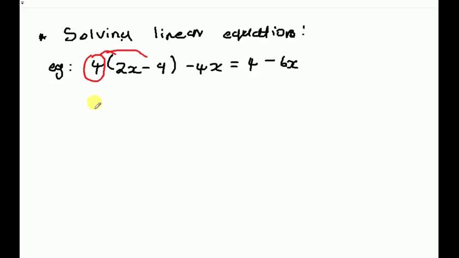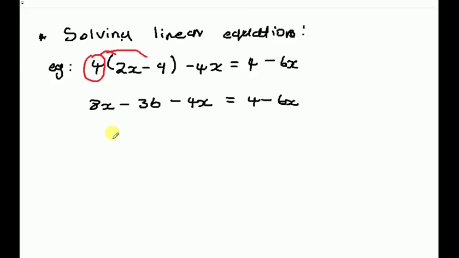You're going to get 8x minus 36 minus 4x is equal to 4 minus 6x. Now you put all the variables on your left hand side and all your constants on the right hand side.